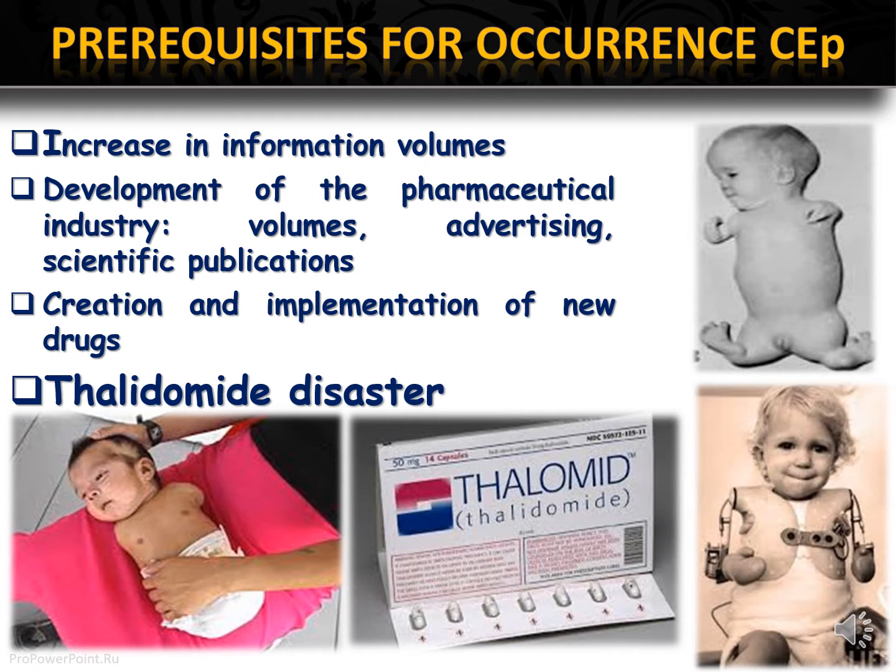For example, you see the very serious thalidomide disaster, when during pregnancy women used a drug like thalidomide, and then the children were born with very terrible defects of their heads and legs.